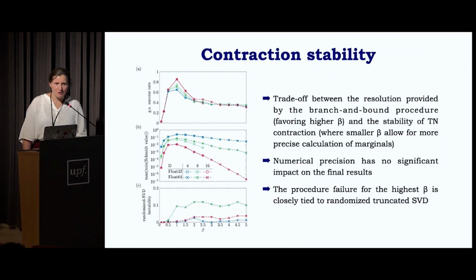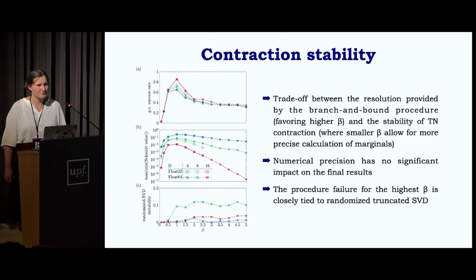Okay, but our goal was not only to solve optimization problems using tensor network method, but in the tensor network community, we wanted to better understand the limitations of the tensor networks in this context. So we wanted to understand why sometimes those contractions break.